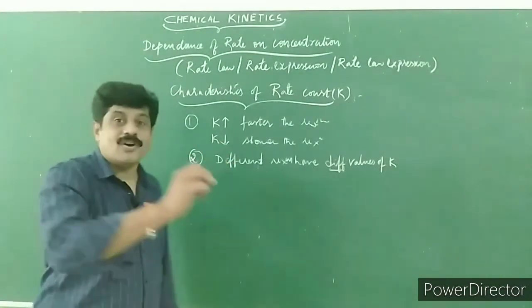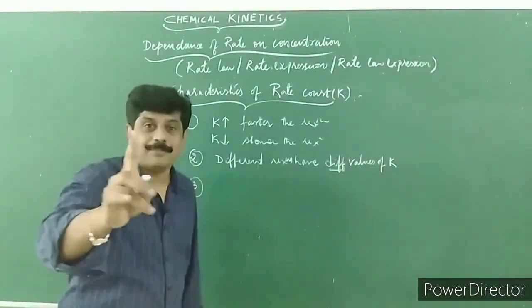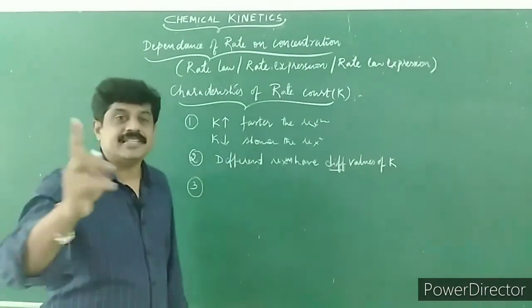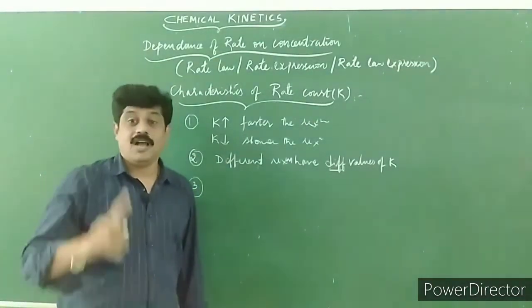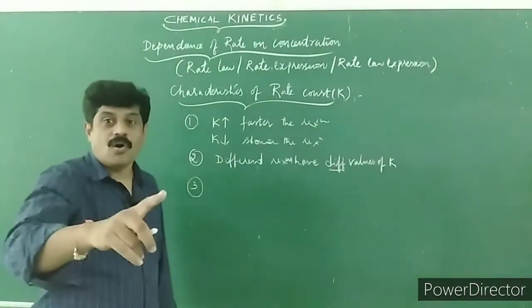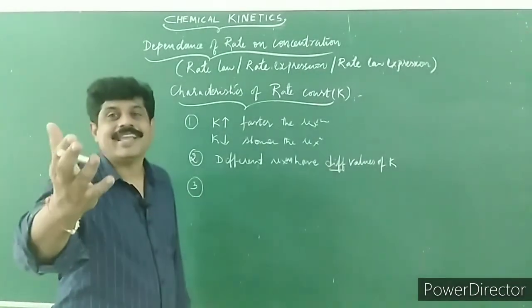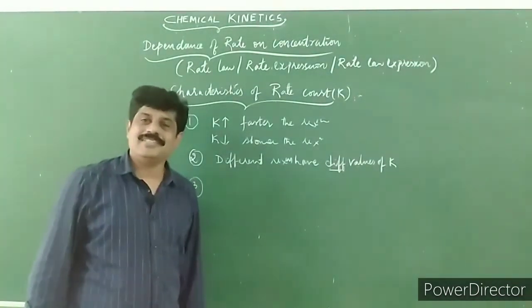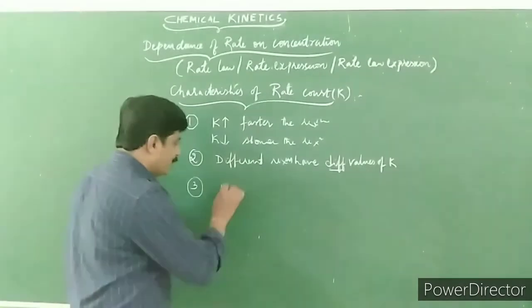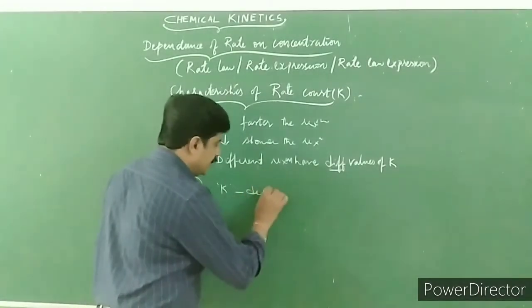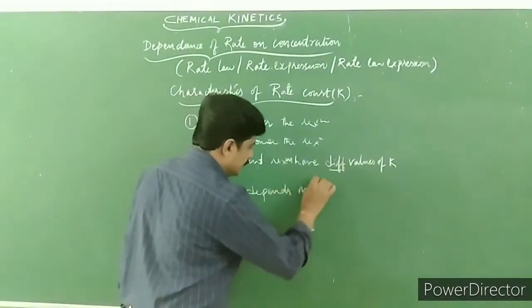Remember, as the value of K remains constant at a fixed temperature, it becomes a characteristic of a chemical reaction. However, the value of K may change with the change in temperature. In other words, you can say that the K value depends on temperature.